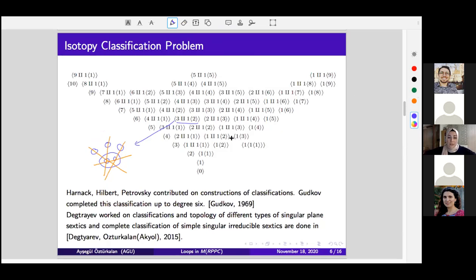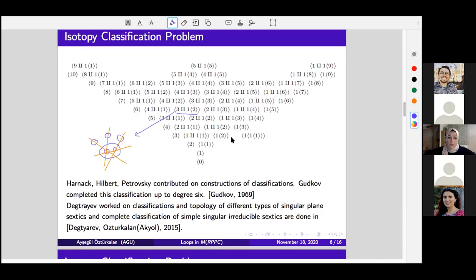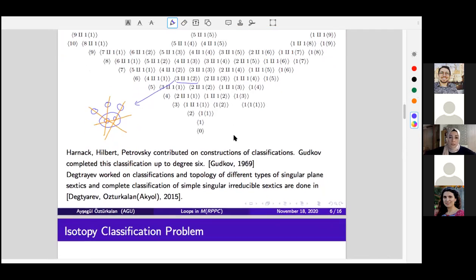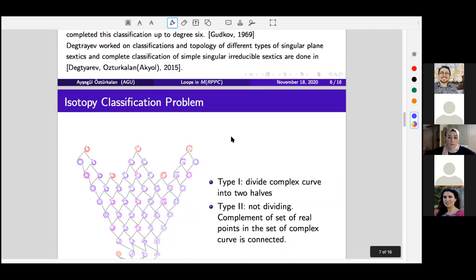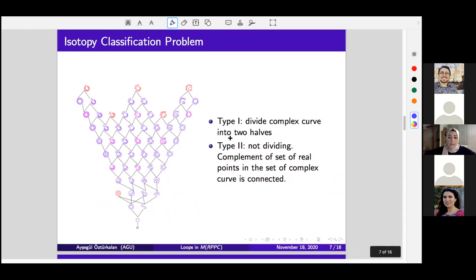With these classifications, there is one more thing that we need to regard: type 1 and type 2 forms. Type 1 forms are the curves dividing the complex curve into 2 halves. What does it mean? We are dealing with real parts of these curves. However, a non-singular curve also has a complex part.